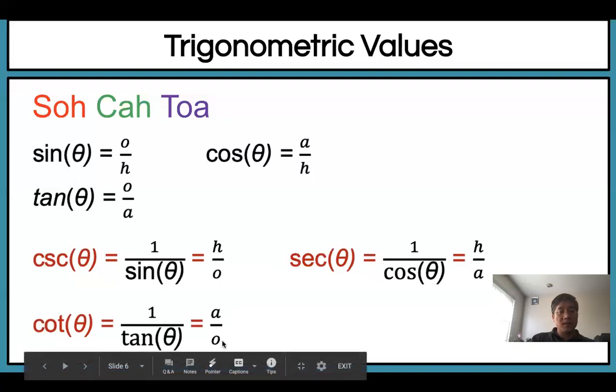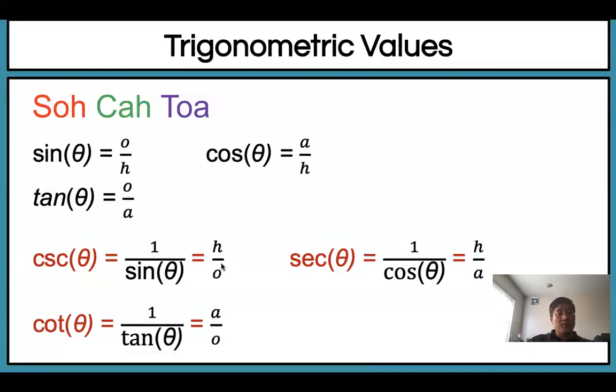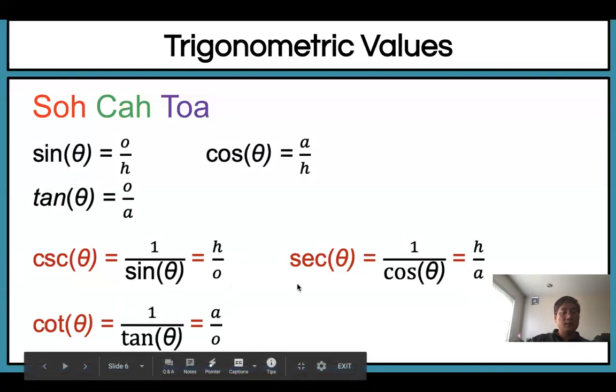Everybody get it? You don't need to memorize it this way, you'll be confused. It is better to know that cosecant is the reciprocal of sine, upside down from here. Secant is the reciprocal of cosine, and cotangent is the reciprocal of tangent, okay?